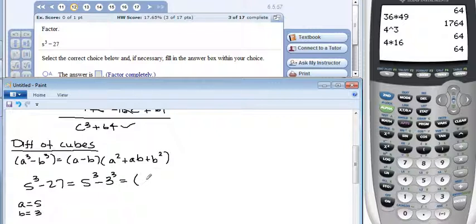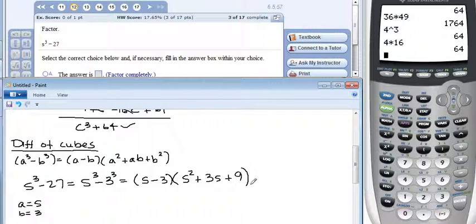So I have a minus b, and I have a squared plus ab or ba plus b squared. 3 squared is 9.